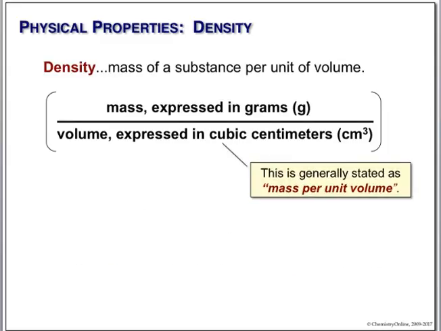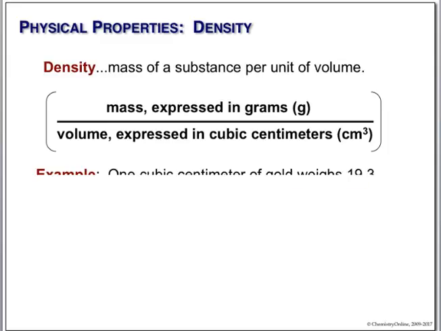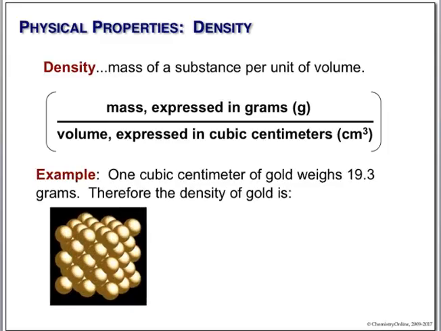If we had a lump of gold, we've seen this one before, and this is 1 cubic centimeter, so 1 centimeter on a side, and we find it weighs 19.3. Mass divided by volume, volume would be 1, mass is 19.3.